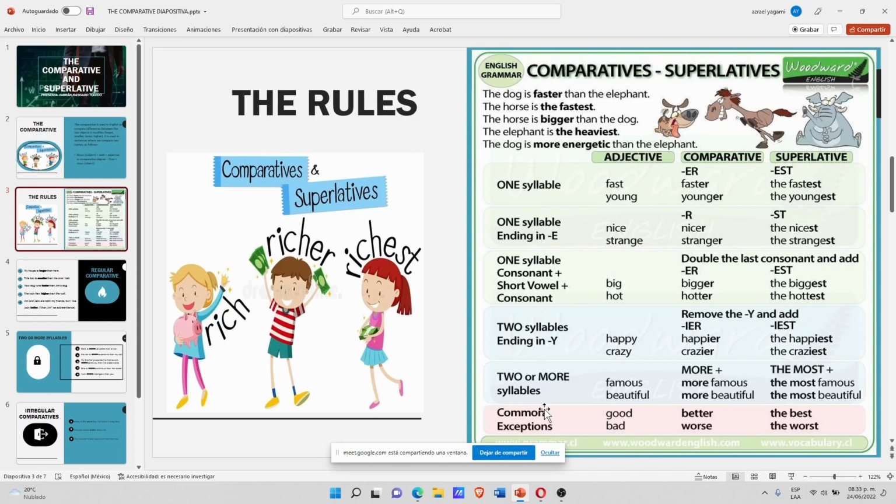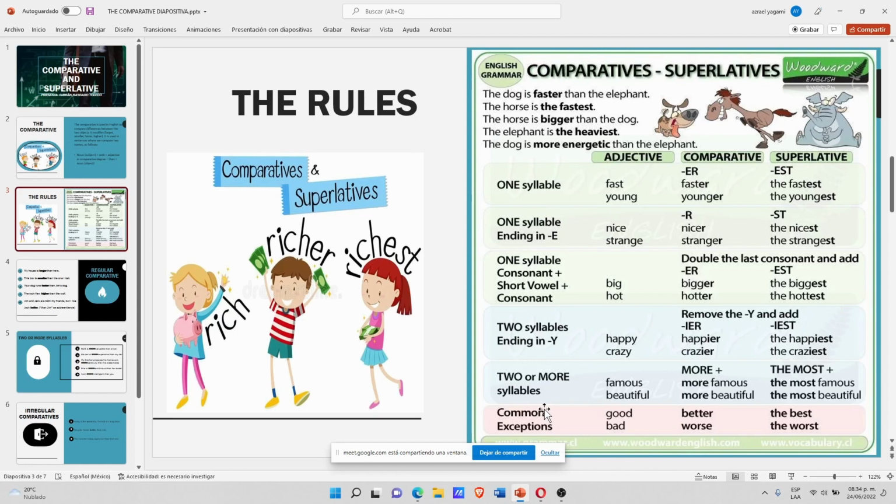We repeat. Fast, repeat after me. Class, repeat after me. Fast, faster, and then when we use the superlative, the fastest. Okay, great.